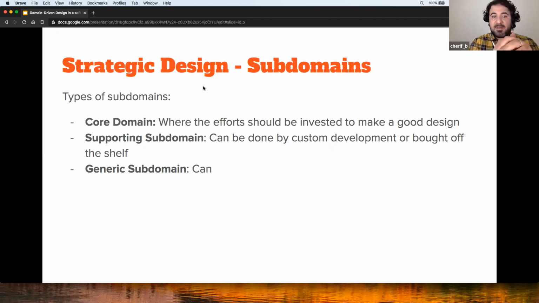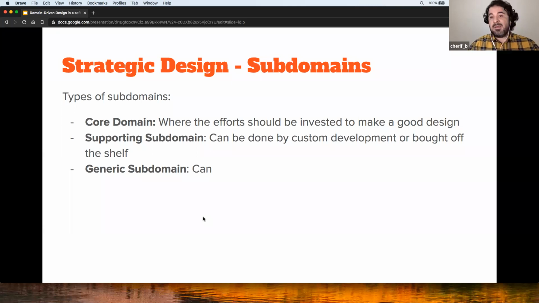The core domain is where the strategic investment should be. All the efforts should be in the core domain. We can know the core domain by asking why we are making this system.